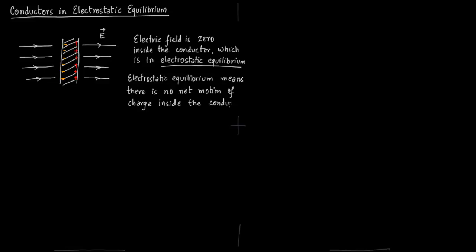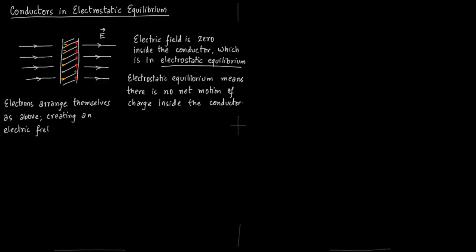Now why is the electric field zero? That is what we want to answer. The electrons arrange themselves as above. Electrons have flowed from the right side to the left side because of the electric field. The electric field will come into the electrons and go out from the positive side.